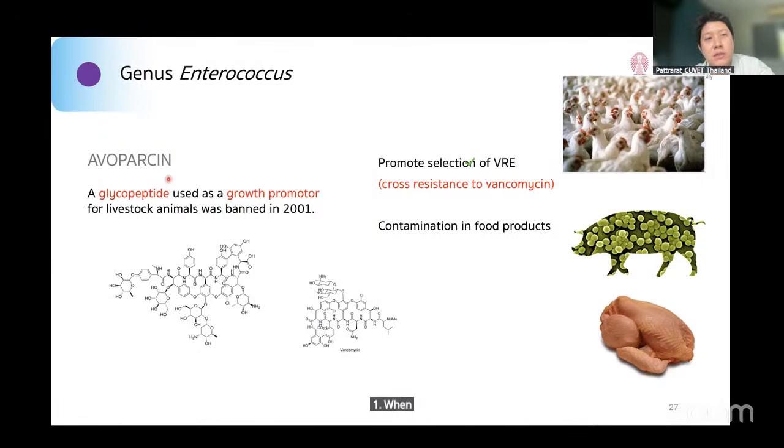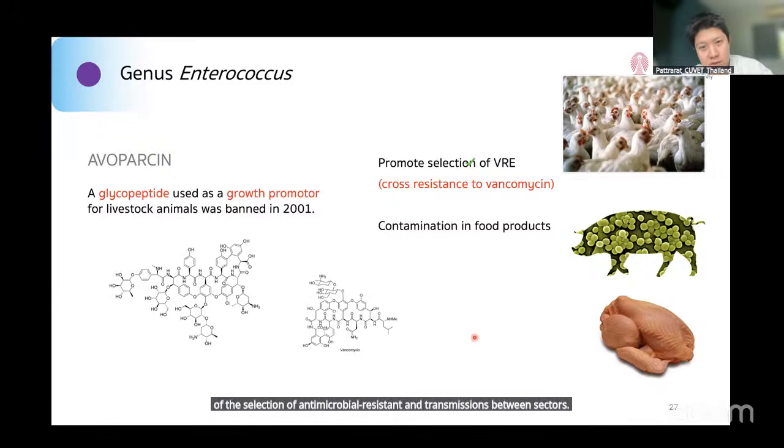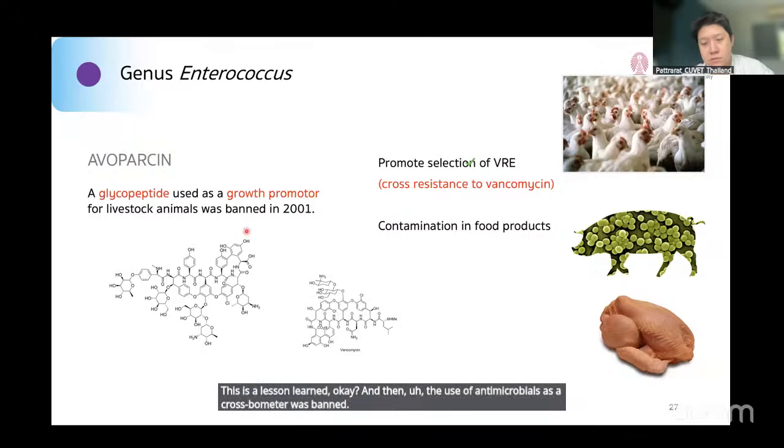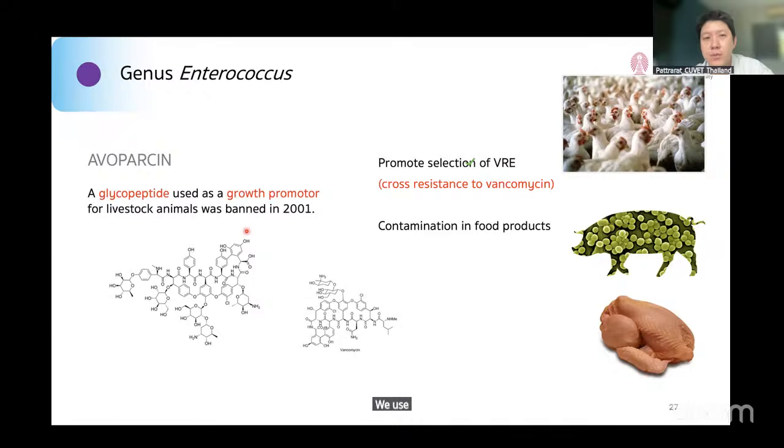When avoparcin was banned, the prevalence of VRE in hospitals decreased. We can see the link between the selection of antimicrobial resistance and transmission between sectors. This is a lesson learned. And then the use of antimicrobials as growth promoters was banned. We use them only for treatment.